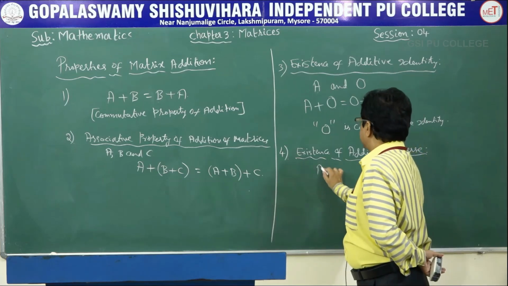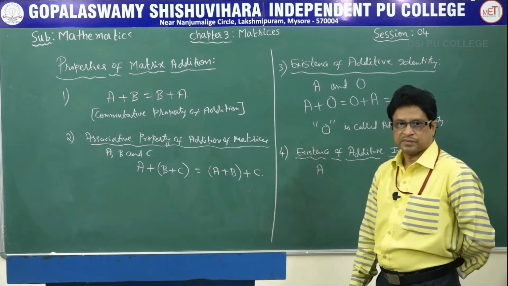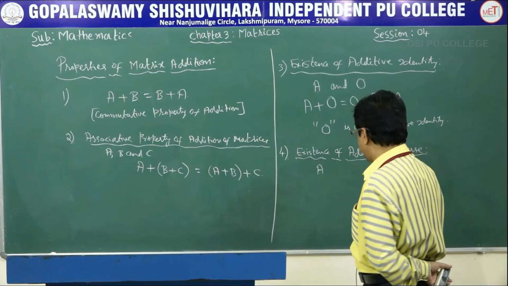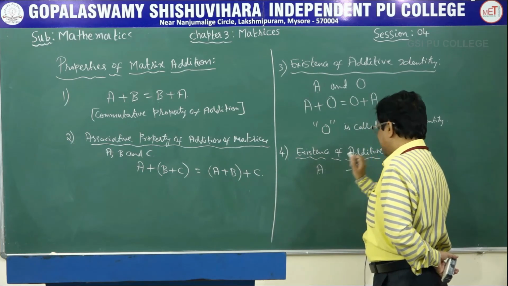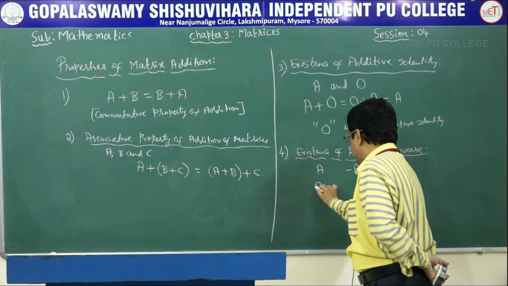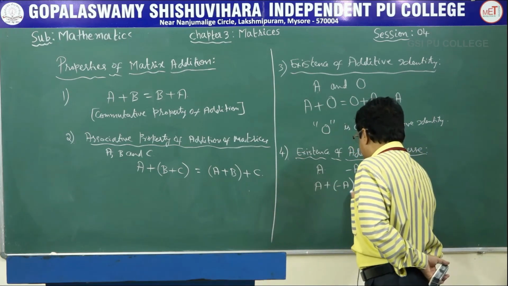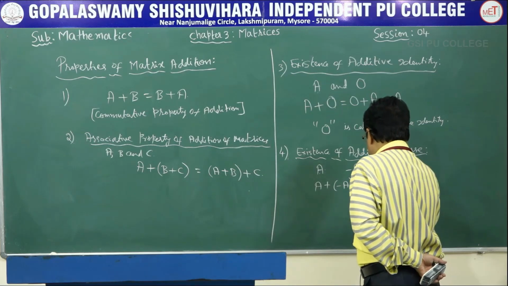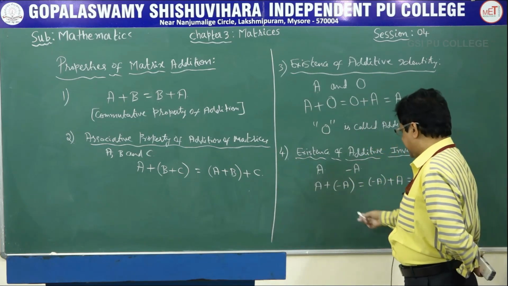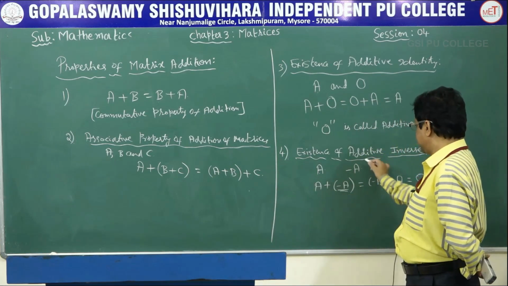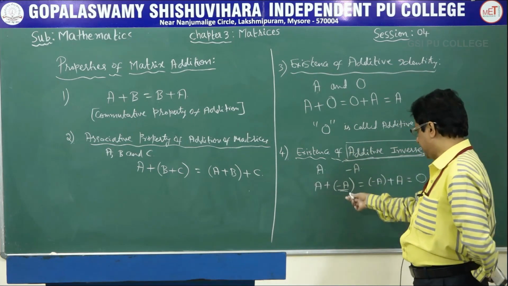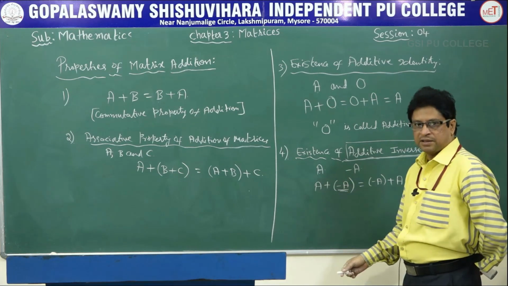That means if A is a matrix of order m into n, and minus A is a matrix of the same order m by n, then A plus minus A is equal to minus A plus A, that will be equal to O. That is, minus A is called the additive inverse of A.